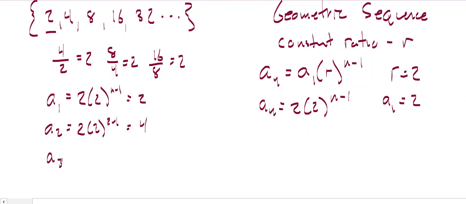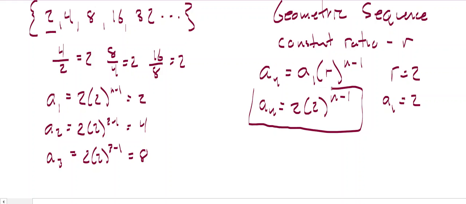And a sub 3 is 2 times 2 to the 3 minus 1, which will be 8. So it does seem to work just fine. So the general form, or the nth term, is this. So those are the first two things I look for. Is it an arithmetic sequence? Is it a geometric sequence?